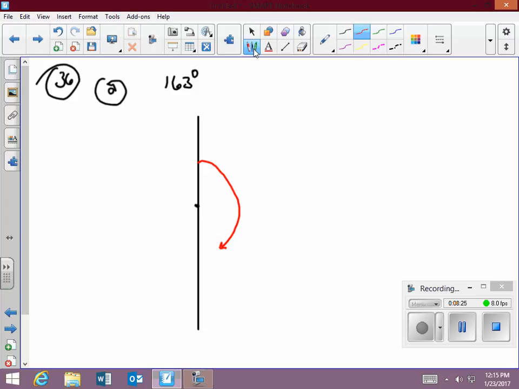It's going to give us a point between 90 and 180.